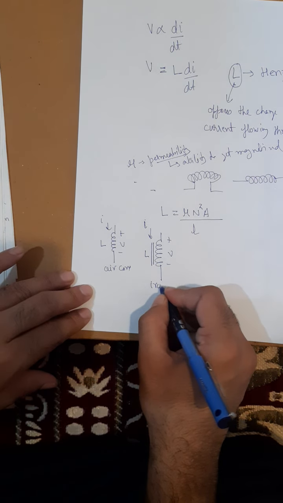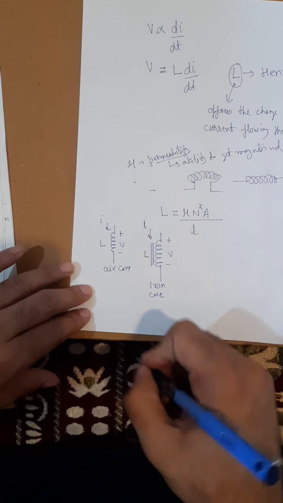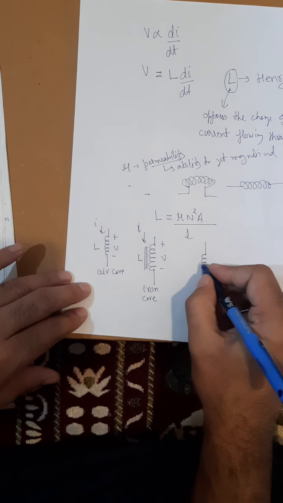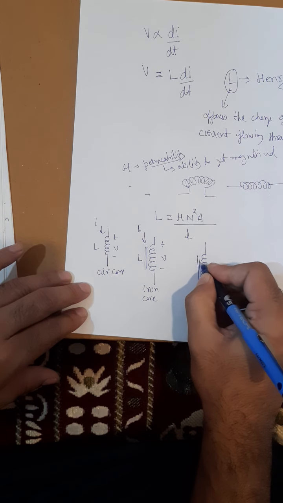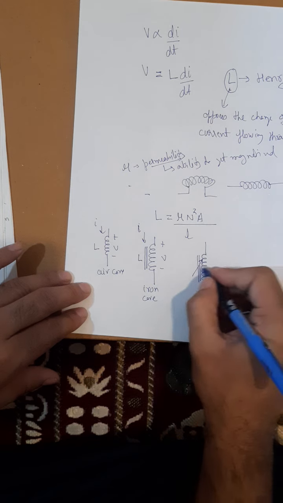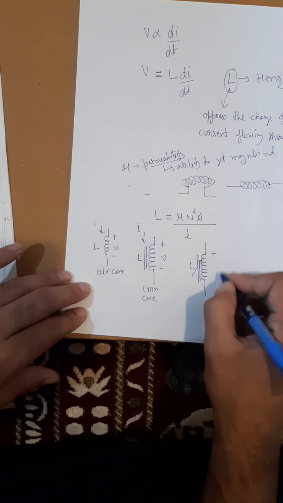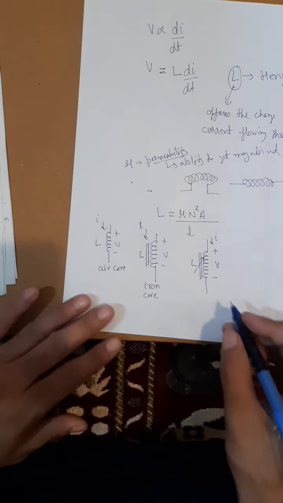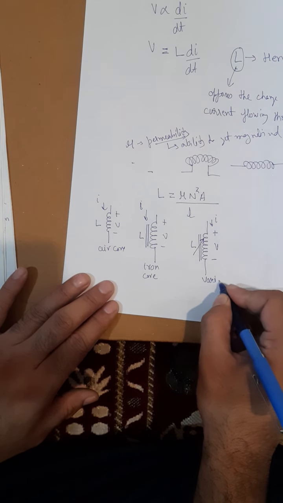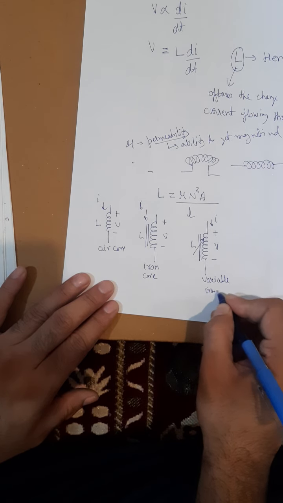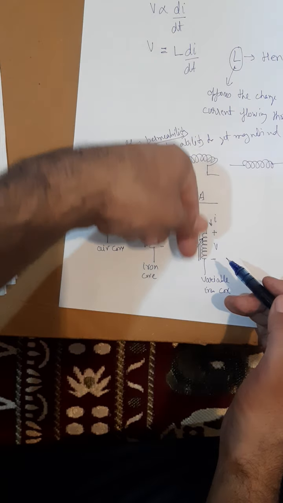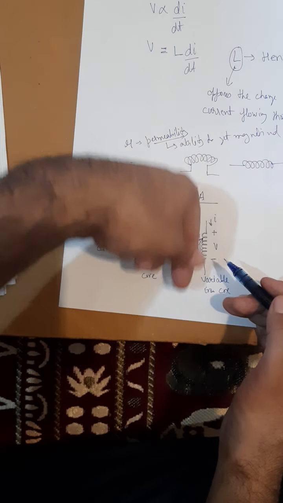This is an iron core type inductor, and the third one I have here is inductor L with current I. This is a variable iron core. Variable iron core means we can take the iron core in and out of the coil. So these are the three types of inductors that we have.